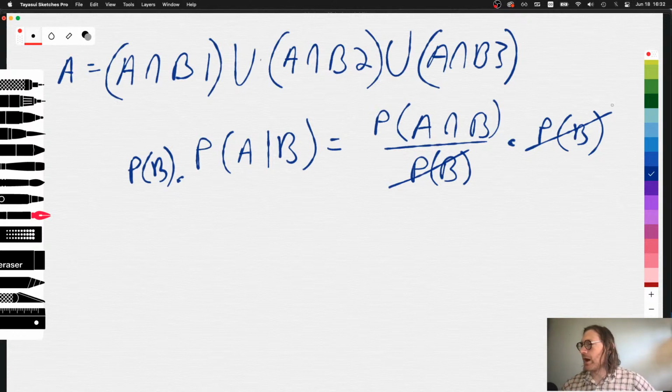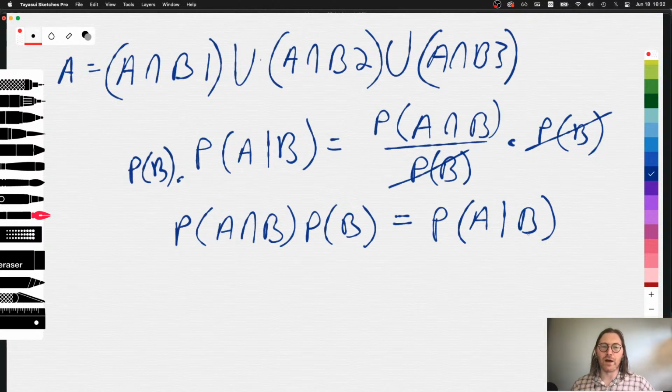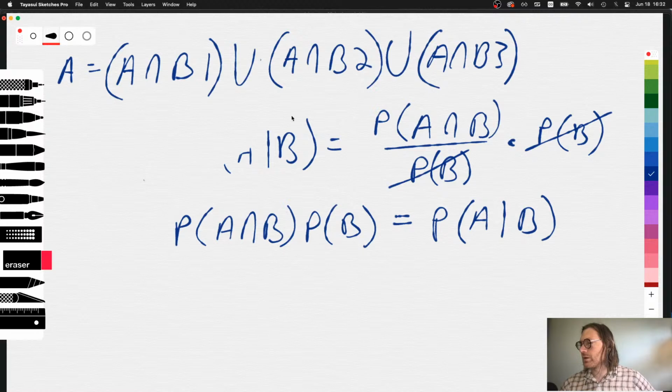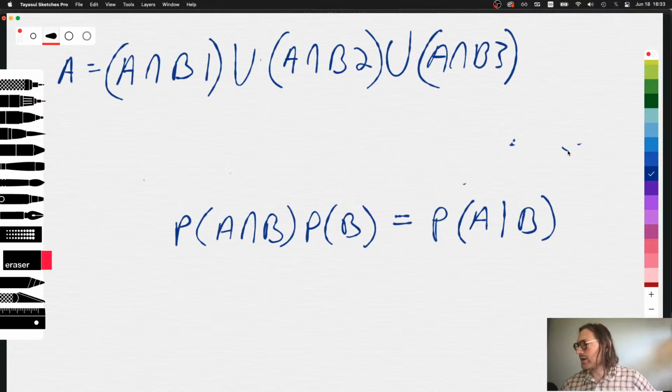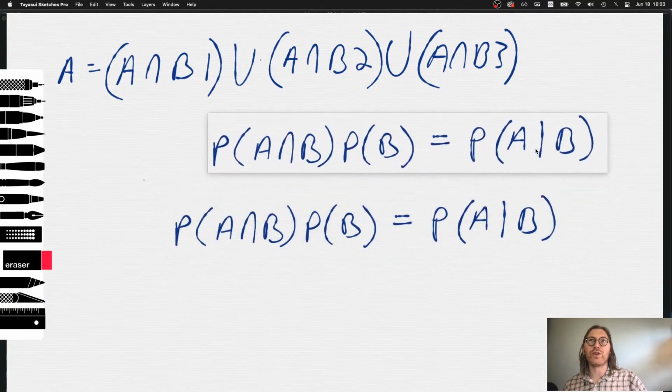And so this leaves us with the probability of A intersect B multiplied by the probability of B being equal to the probability of A given B. And this might be leading to something clicking a little bit, right? We can now rebuild this composition of A in terms of probabilities based on this, and we can do that pretty easily, I think.